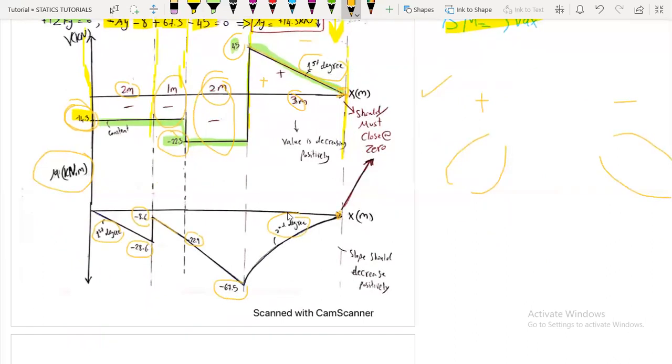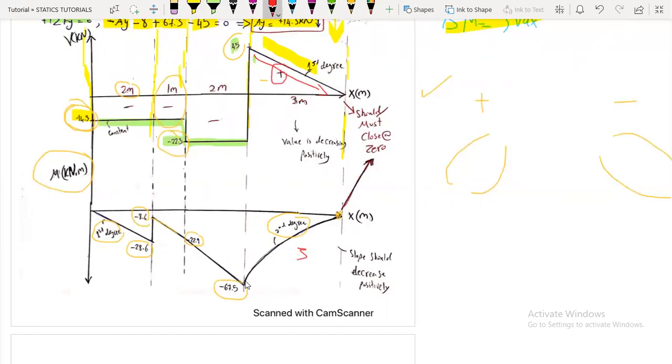But how? Here we can notice that the slope is positive. Here, the value of the shear is decreasing, but positively, correct? So the slope here should decrease, but positively.